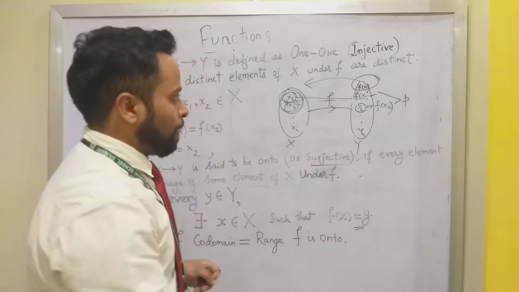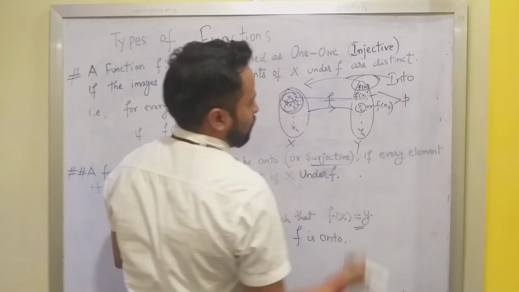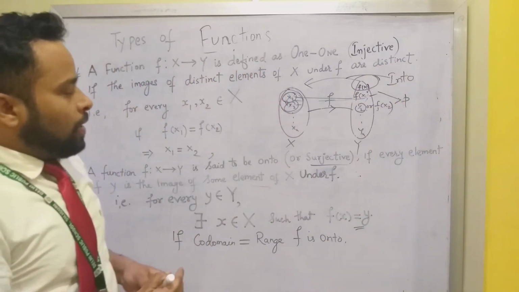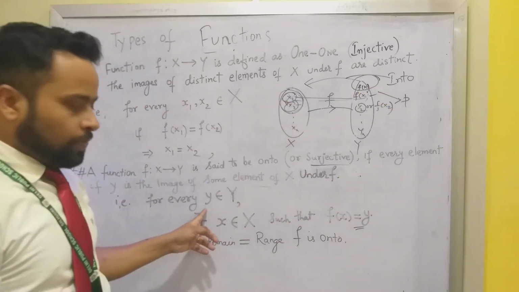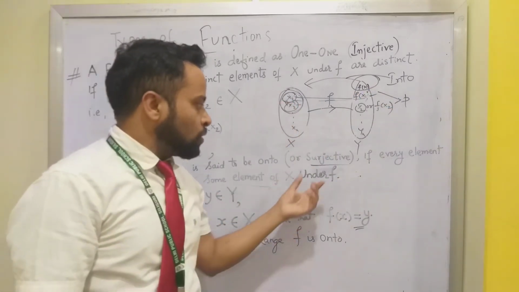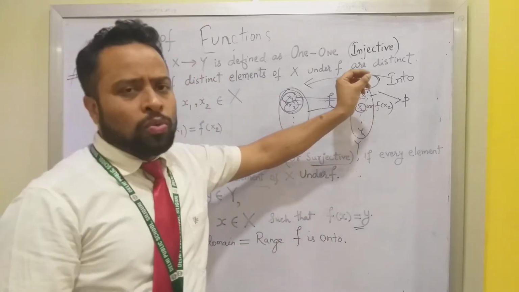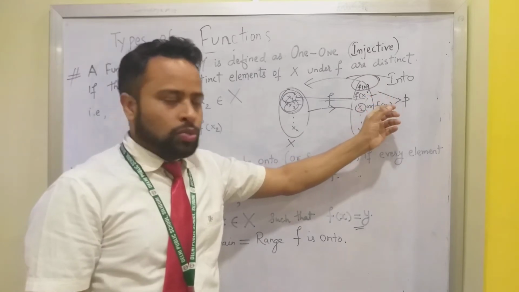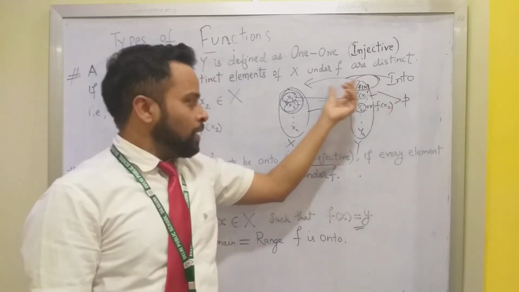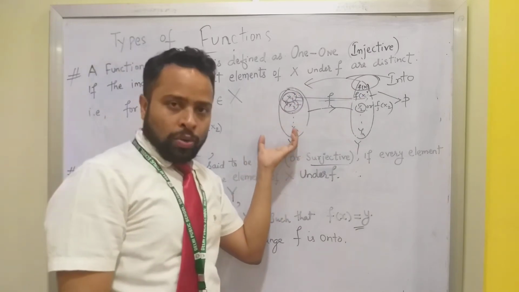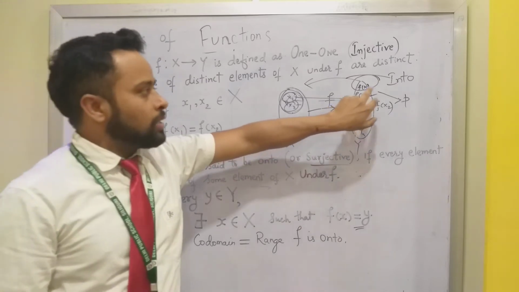Into function. If all the elements have their pre-image, it is onto, also called surjective. If there is at least one image whose pre-image is not in the domain set, then this function is into.